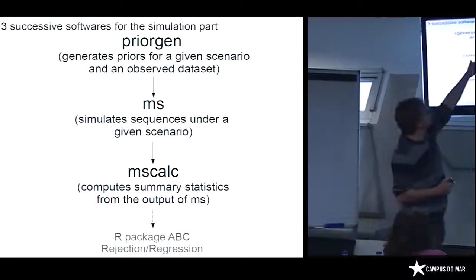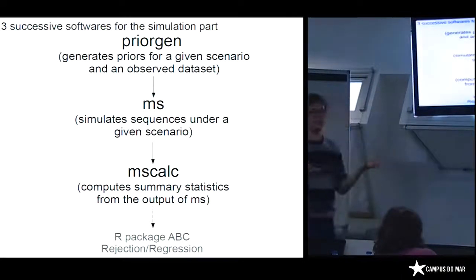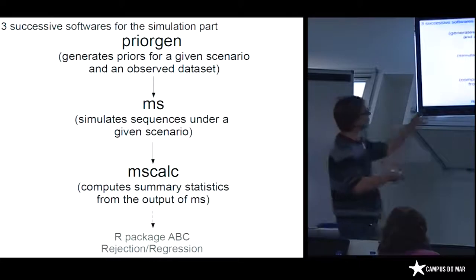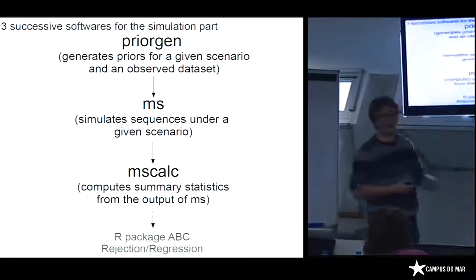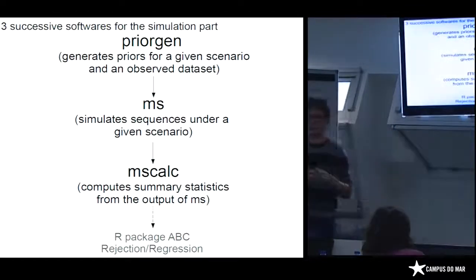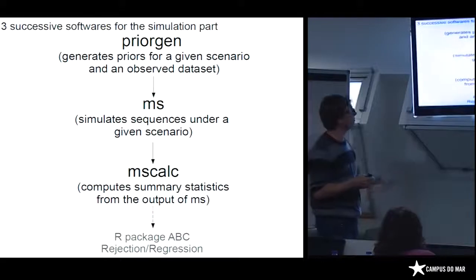And you use the output of MS to calculate the summary statistics. To calculate the summary statistics, you are going to use MSCalc. It's a little software that allows to calculate the summary statistics, the main of which are the number of shared polymorphisms, the number of fixed differences, the number of polymorphisms in population 1, and the number of polymorphisms in population 2.